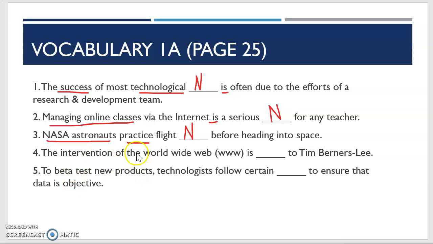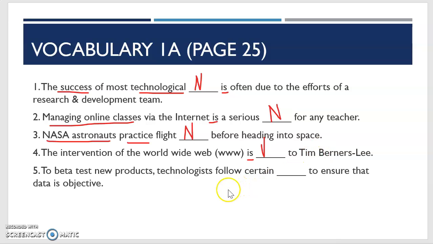The intervention of the World Wide Web, WWW, is something to, and we're going to see that we need a verb here. But my clue is that the verb will be passive. I see is, so the verb is going to be a passive verb, something to Tim Berners-Lee.